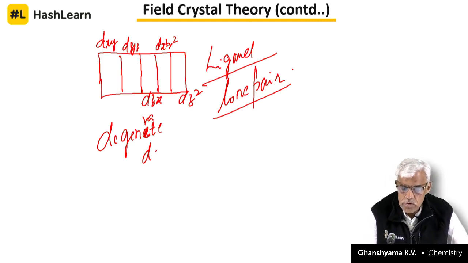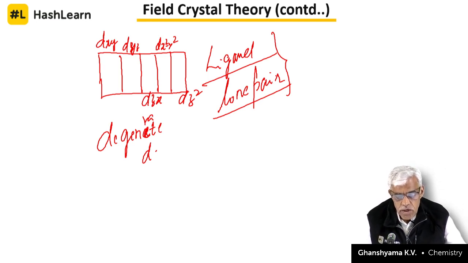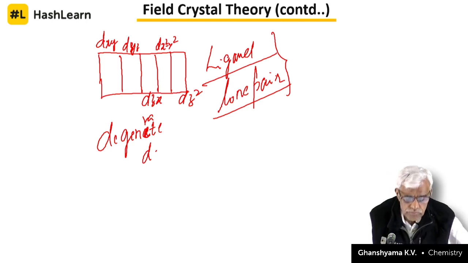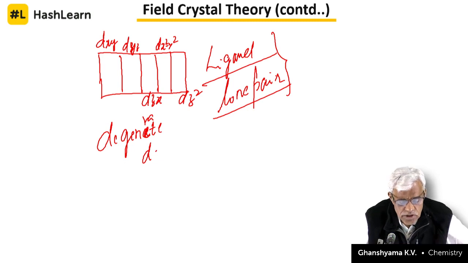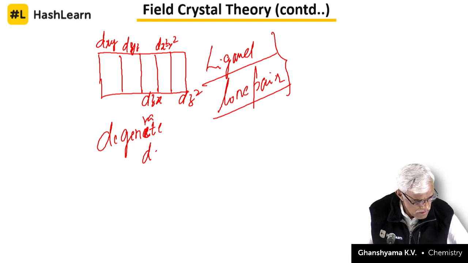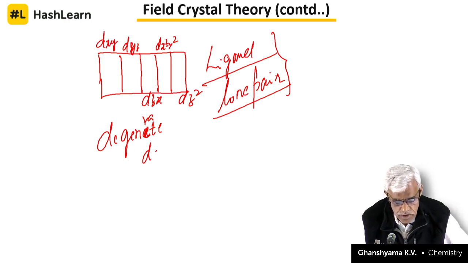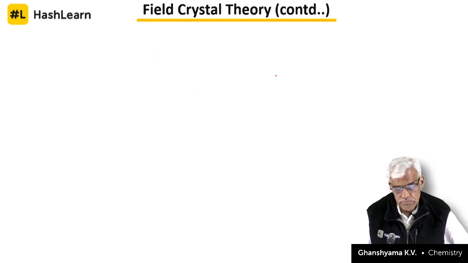Unsymmetrical, then the ligand has got the lone pair. There will be repulsion between the lone pair and the electrons present in the d subshell. Now, due to this repulsion, the degeneracy in the d orbital is lost.